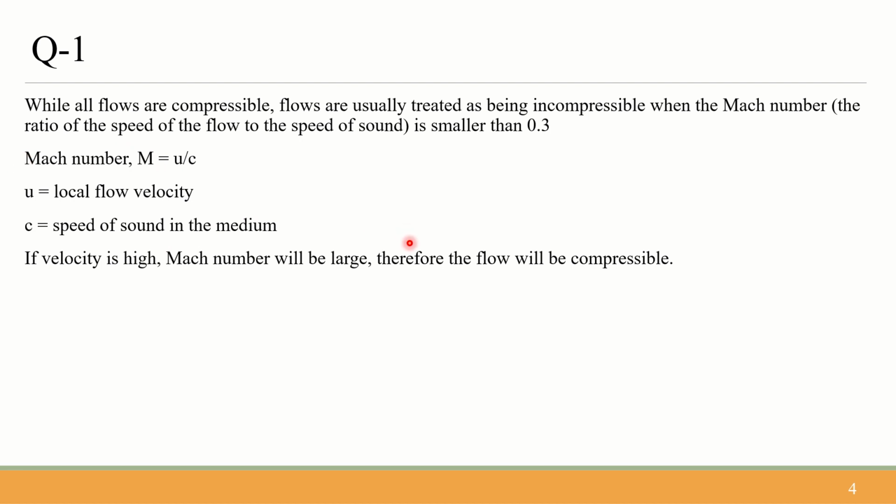So velocity should be low for us to get an incompressible fluid flow domain. While for liquid flows, in most cases it can be considered as incompressible fluid flow.